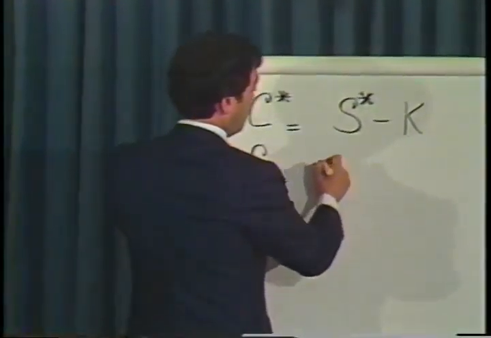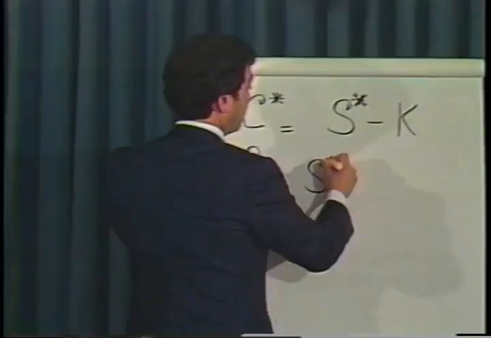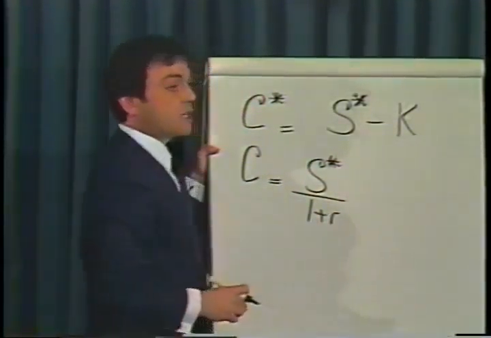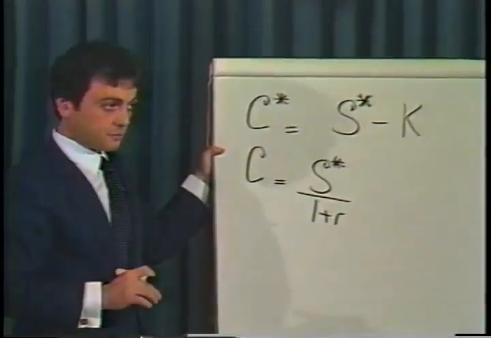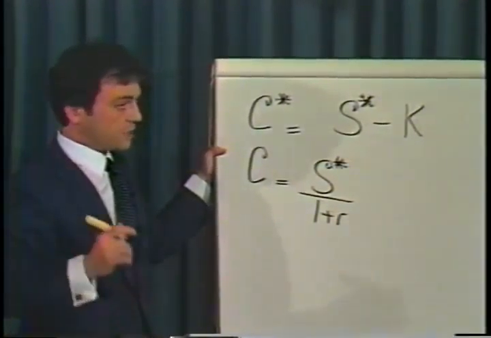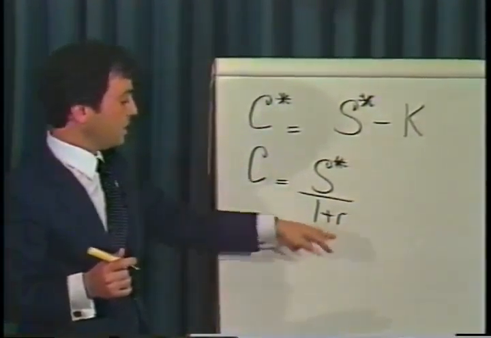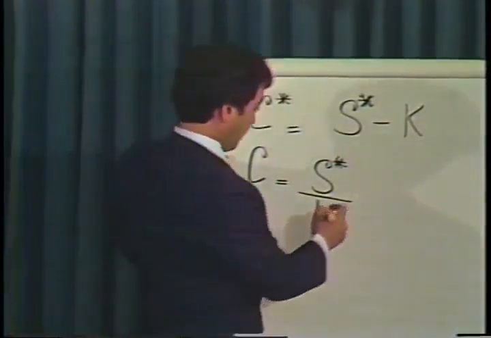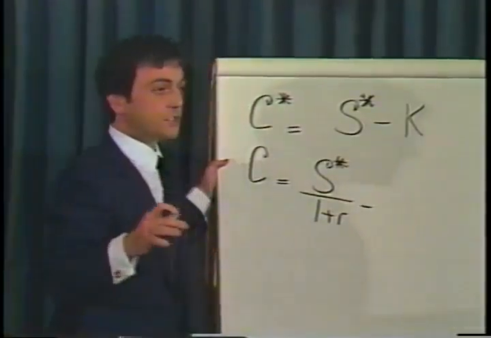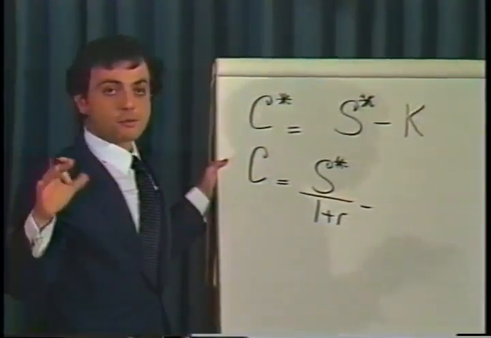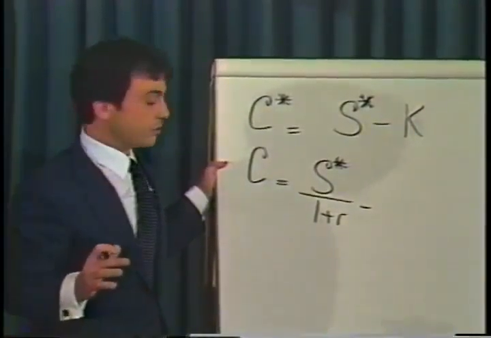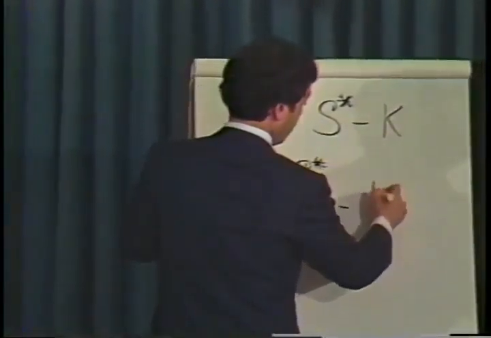So this will be S star over 1 plus R, where here I use R as the risk-free rate of interest, as opposed to the handout where R stands for 1 plus the risk-free rate of interest. But you might as well get used to this changing notations from paper to paper and presentation to presentation. It just comes with the territory.